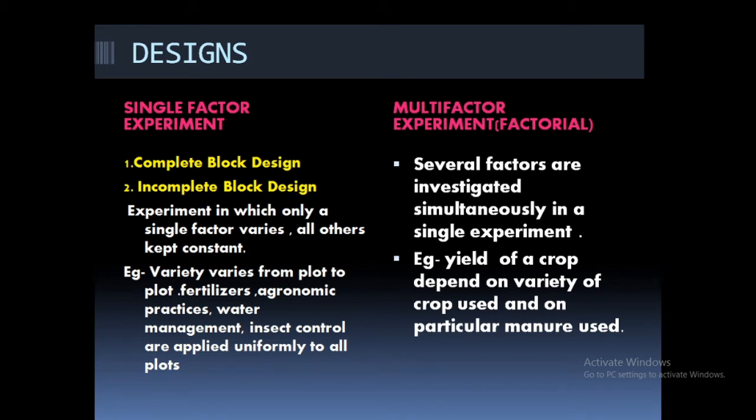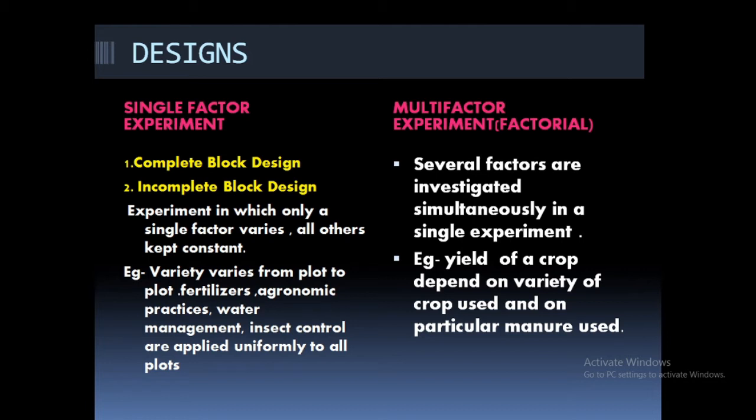Okay. Now the second category of design is multi-factor experimental design. What do you mean by multi-factor design? Here we are investigating several factors simultaneously in a single experiment. For example, the yield of a crop depends on the variety of crop used, the particular manure used, the type of irrigation we are providing, the type of pest control, everything.